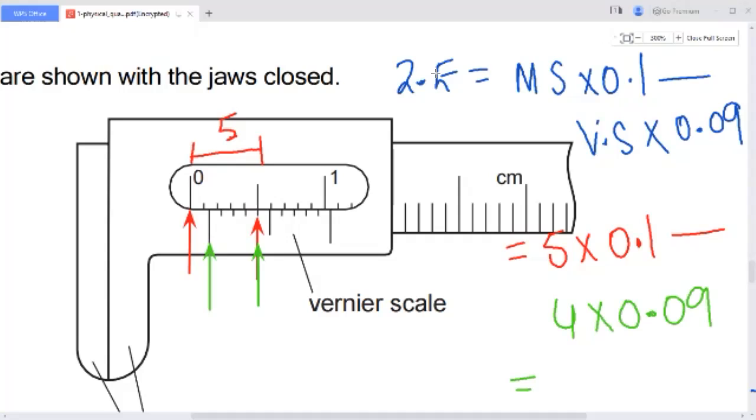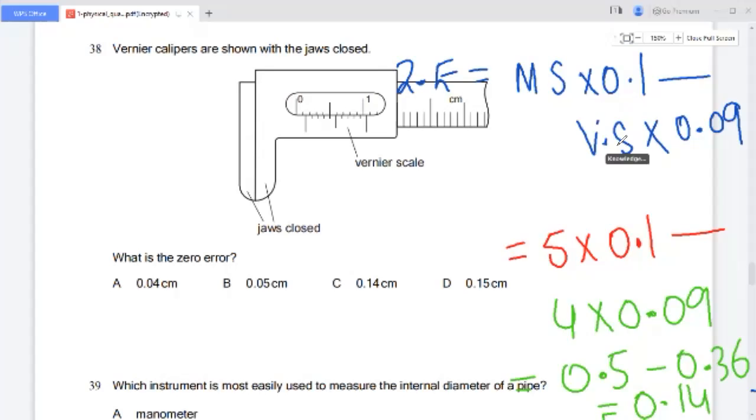So it would become 0.5 minus 0.36, which is 0.14. So our answer is 0.14, which is option C.